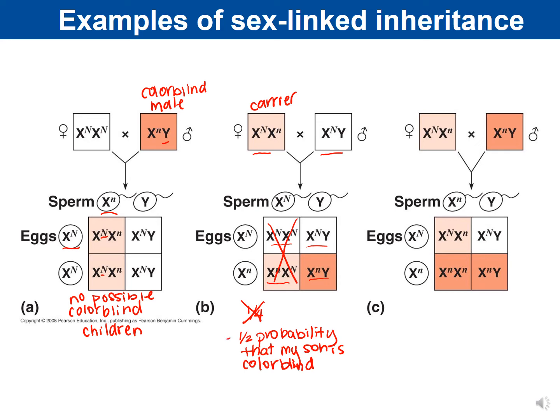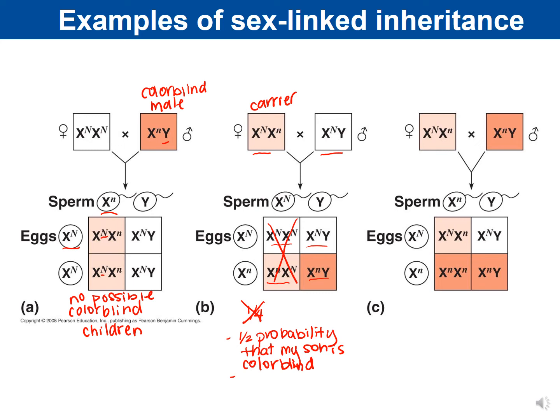But now listen to how the question could change, which affects your interpretation. If I were to ask you, so these are the parents, what is the probability that they will have a colorblind son? Notice the difference. Will have. Not already born, not already a male. So if it's asked, what is the probability that the couple will have a colorblind son? We have to include all possibilities.